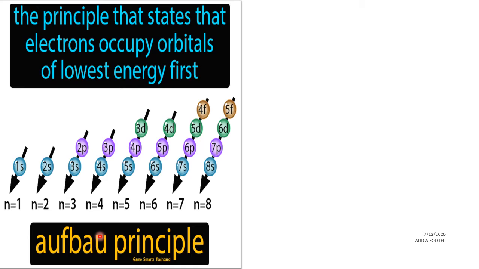So Aufbau is not a scientist's name, it is the meaning of the word, to build up electrons. The principle states that electrons occupy orbitals of lowest energy first. This I told in the beginning only: lowest energy level to the highest energy level.